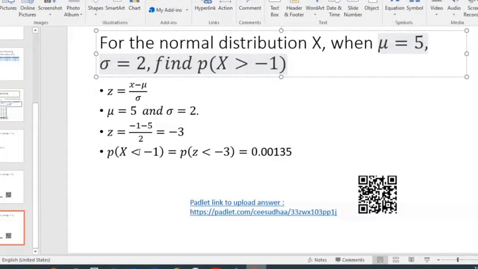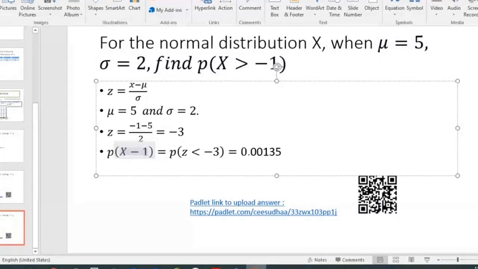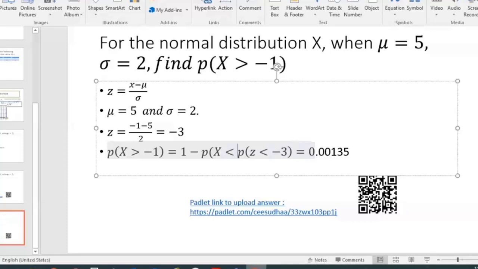Whenever it is greater than minus 1, we need the step 1 minus the probability of x less than minus 1. That is a step we should always do. Very simple thing. It is a complement of the event. Less than, greater than, it is a complementary event.